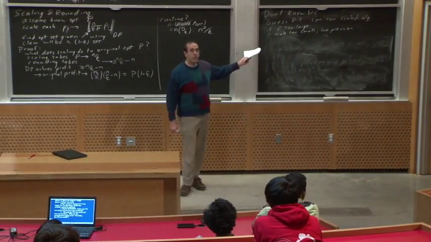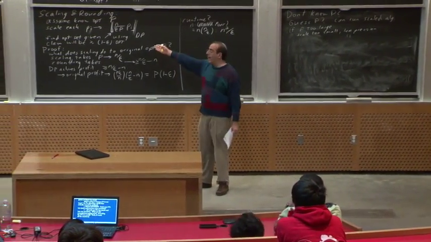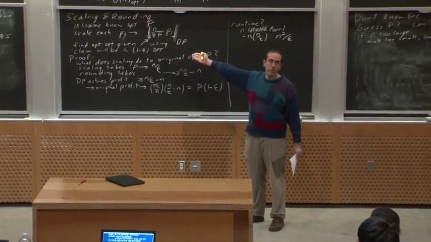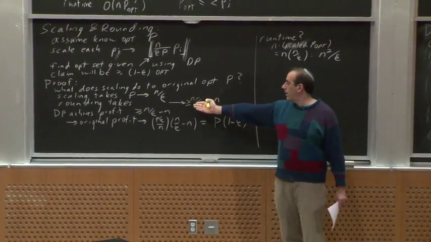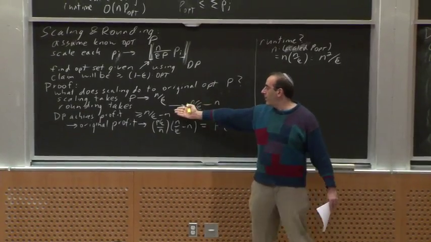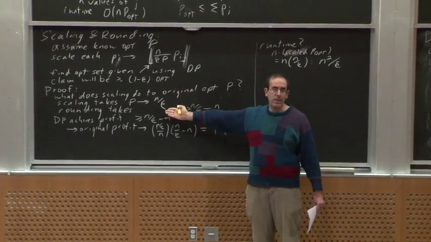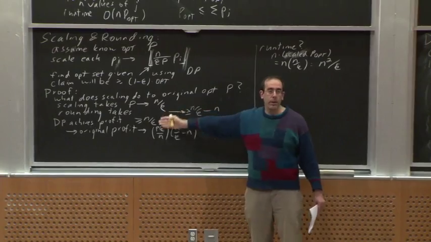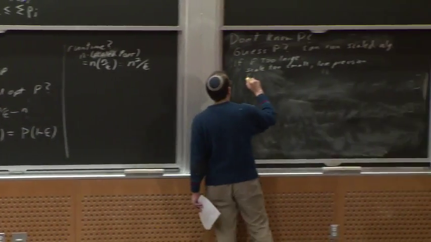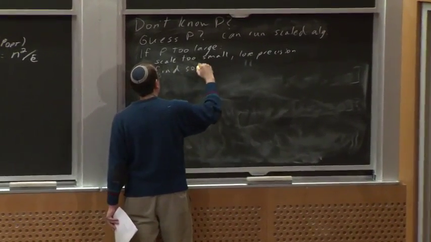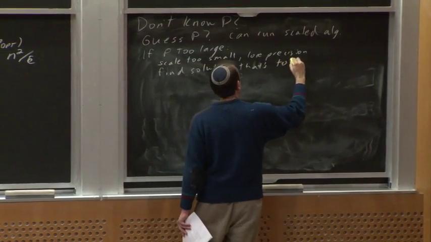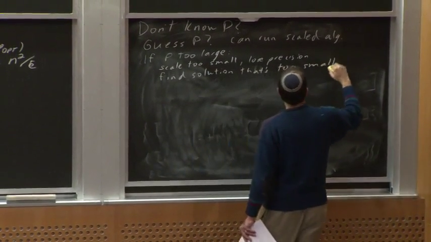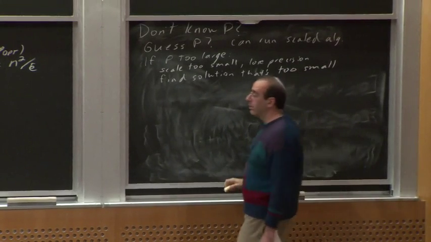Well, if I scale all the numbers to be too small, then my optimum is going to be too small. So I won't find a solution of value n over epsilon minus n because it won't exist. So I'll find a solution that's too small.